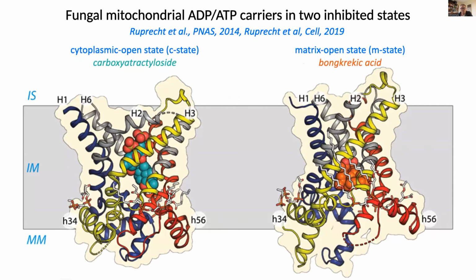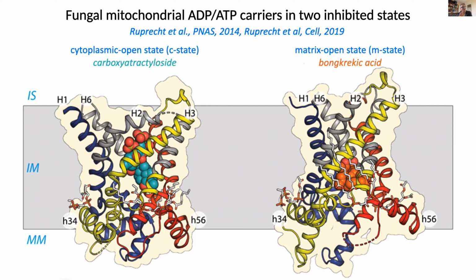In the past, we solved 2 structures of the fungal ATP carrier in 2 different states. The first state is called the cytoplasmic open state. It's actually open to the intermembrane space in mitochondria. And the reason we could solve that structure is because it's inhibited by a very powerful inhibitor called carboxyatractyloside.